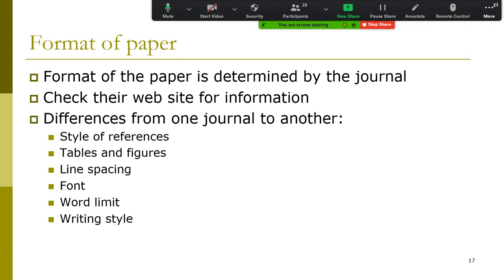Some journals insist you write in British English, or some in American English, or some other formats. It is essential for an author to write his or her article according to the format. Otherwise, they will reject the paper in the first review, the editorial review, which is called a desk review.